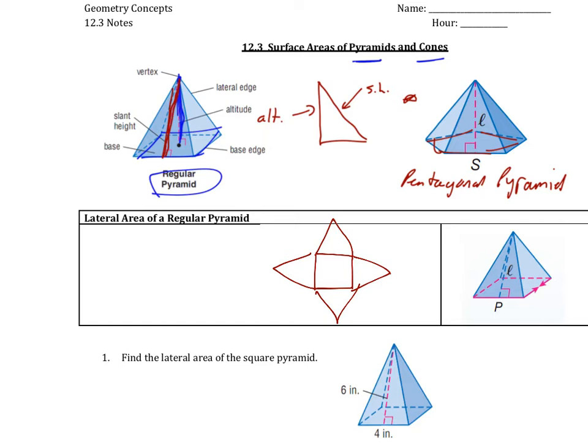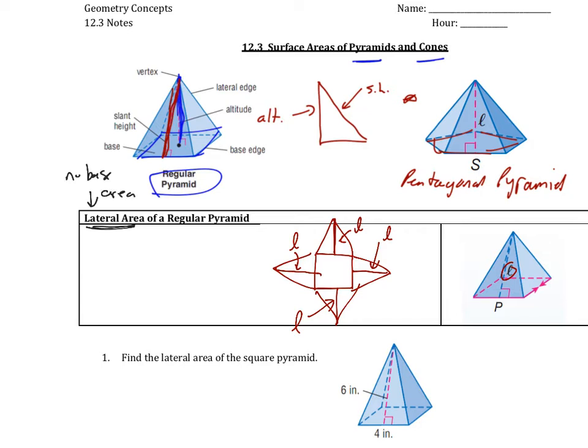All right, so my slant height, which is often denoted as L, is going to be this length right here. Well, what I need to realize is that that is the same for all four triangles. So lateral area, if you'll remember, means no base area.